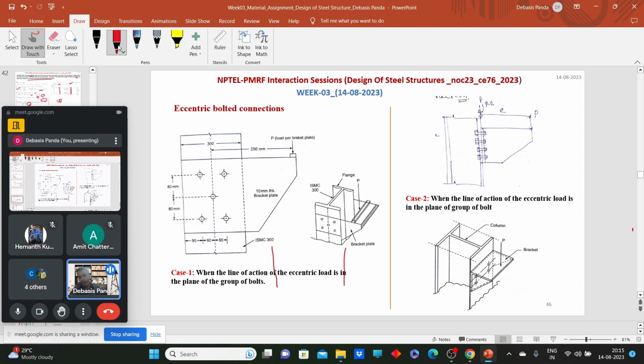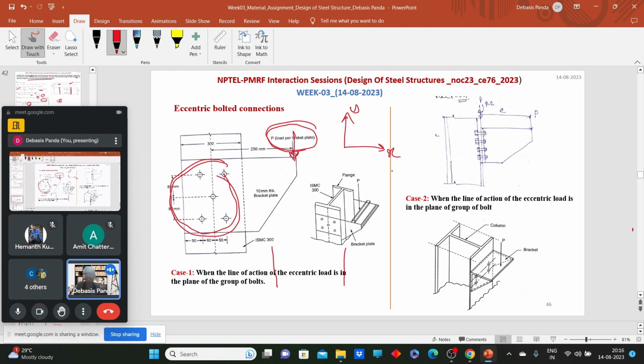One is when the line of action of eccentric loading and the group of bolts are in the same plane. Say, for example, if we consider this plane xy, the line of action of eccentric loading is in plane xy, and the group of bolts are also along this xy plane, right?